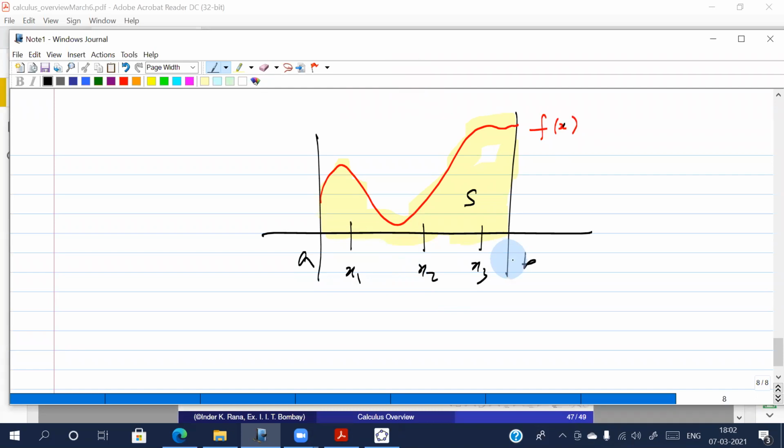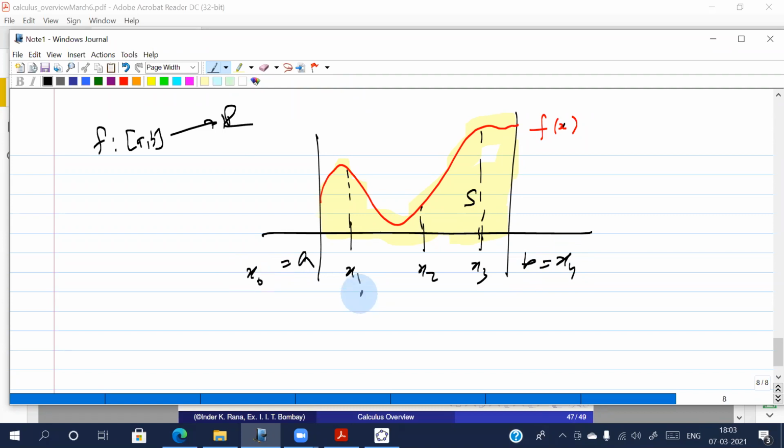I will start using the word partition. f is a function from a b to R, and we have taken these points in between a and b. So we call the end points x0 and x4. So now break it into smaller parts.